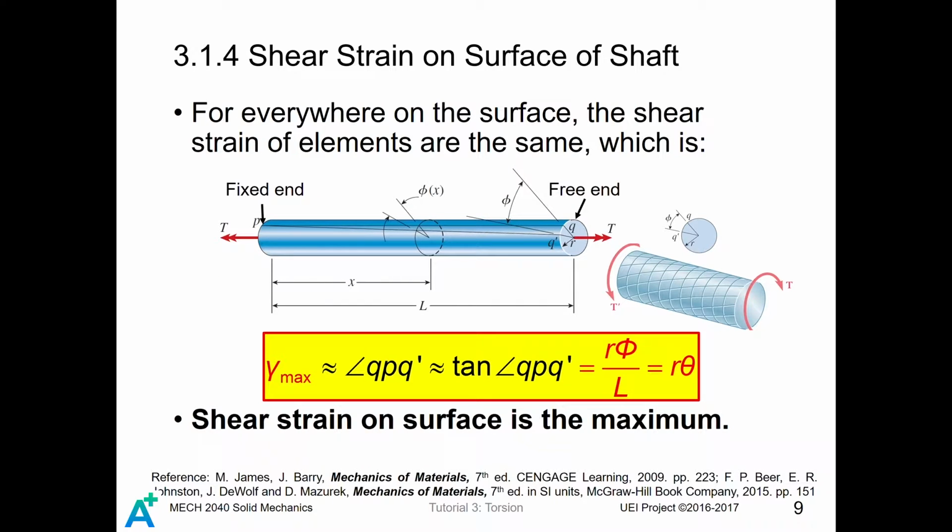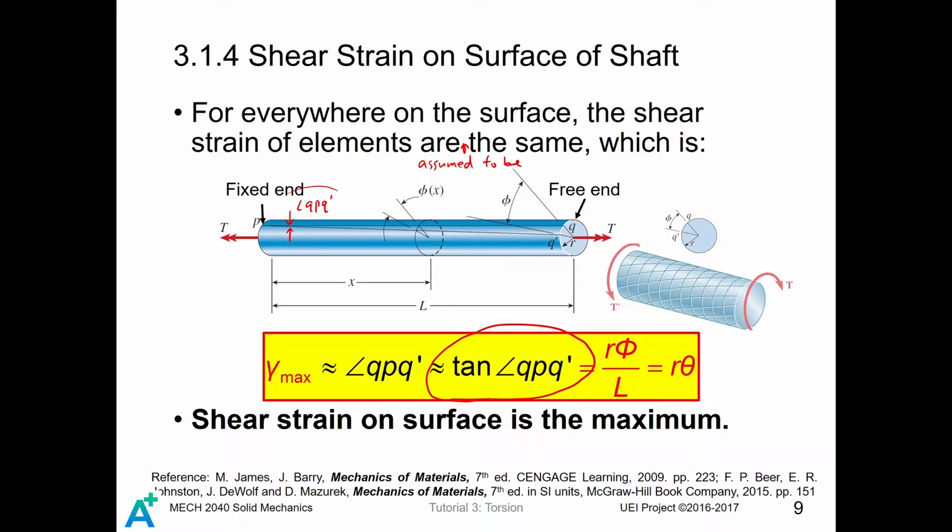For everywhere on the surface, the shear strain of elements is the same, or in other words, it is assumed to be the same. As we have learned in previous tutorials, the shear strain of a material is just the angle QPQ prime. But for this very tiny angle, by using the small angle approximation, it is just the tangent of angle QPQ prime.